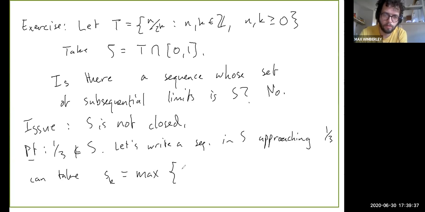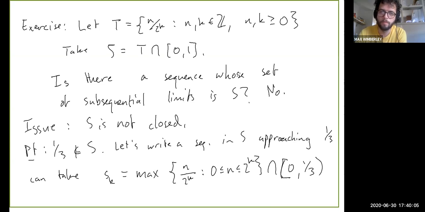So Sk will be the maximum of the set of n over 2 to the k, where 0 is less than or equal to n, less than or equal to 2 to the k, intersected with the interval, well, whatever, 0, 1/3. Or even, actually, you can just make them closed on both sides. That'll make it more obvious that this set should have a maximum. Not that it isn't clear either way, right?